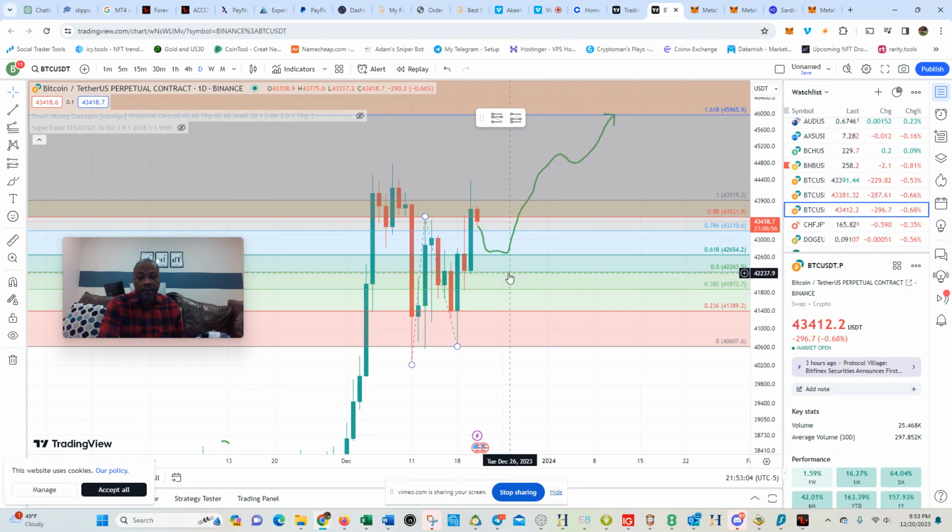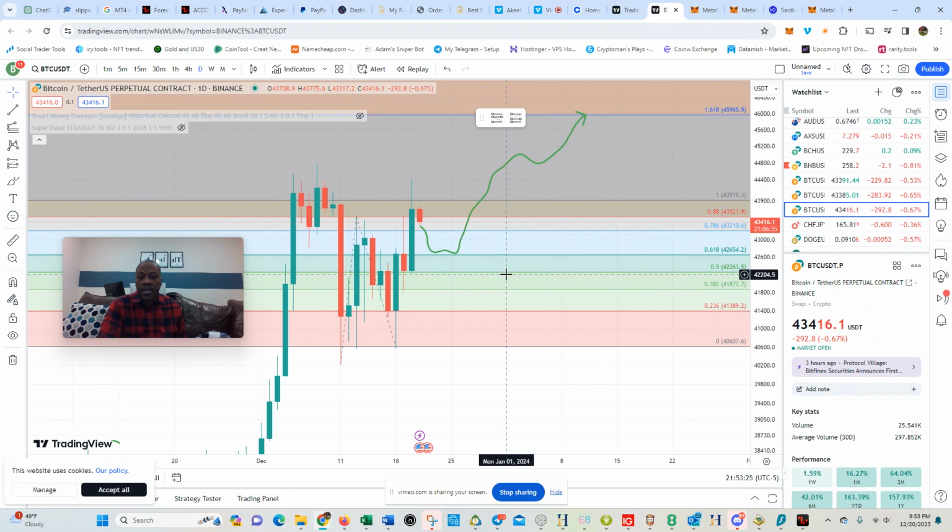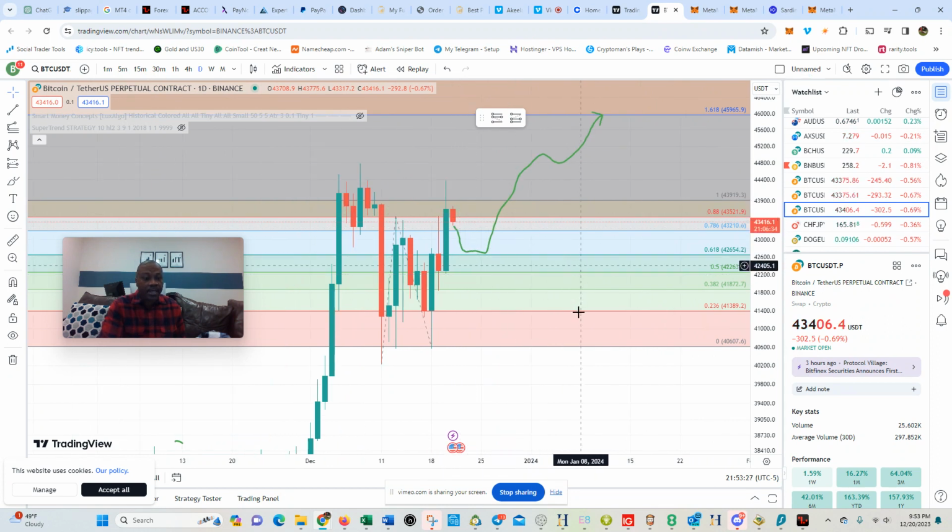The reward would be to take this from 43.4 up to almost 46,000. That's about $2,600. So the risk to reward ratio looks pretty favorable there. And so that's the trade that I'm going to be taking. For those of you who follow us and trade on the Forex market, we're able to trade fractions of this.